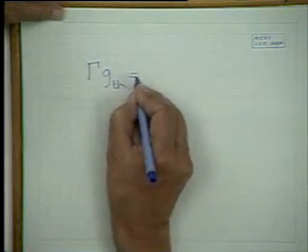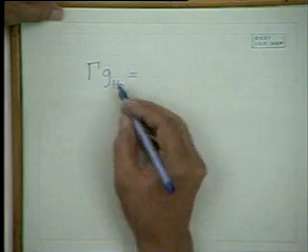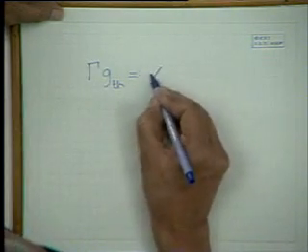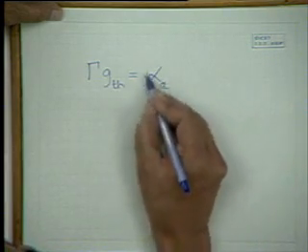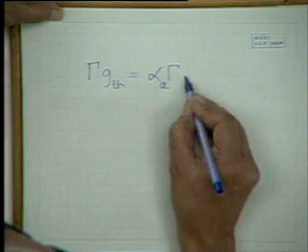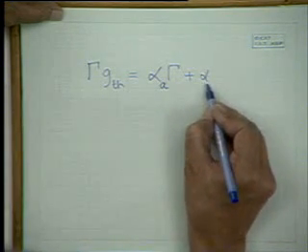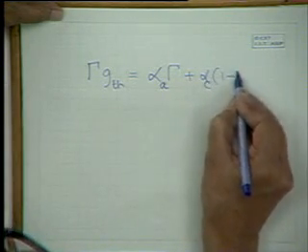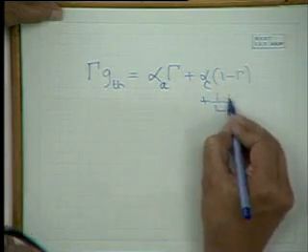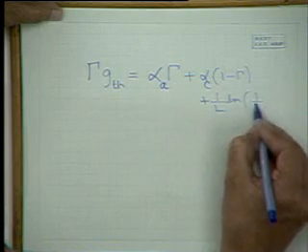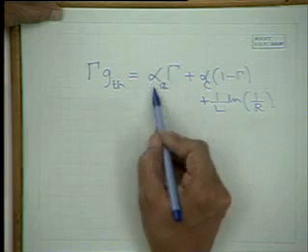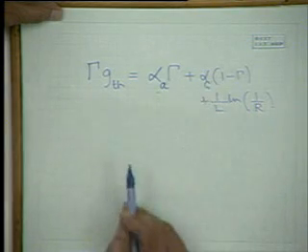what is the gain relation? The gain relation is confinement factor gamma into GTH, because part of the light is in the active layer, so alpha A into gamma, plus in the cladding layer, alpha C into 1 minus gamma, plus 1 by L ln(1/R). So this is the absorption in the active region, this is the absorption in the cladding region.